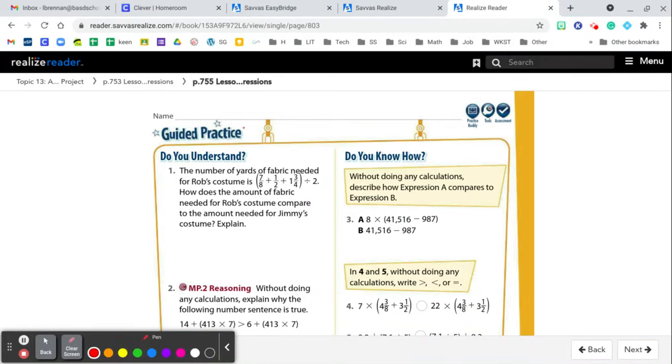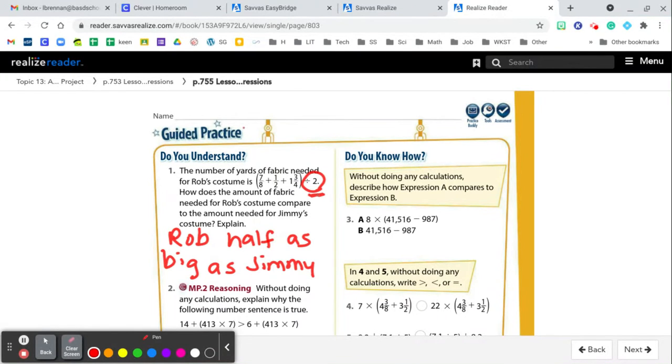So Rob must be tiny because we're dividing all his information by 2, and it appears Rob needs half the amount of fabric. Rob is half as big as Jimmy. And remember, the dad was times 3, and Rob is divided by 2.